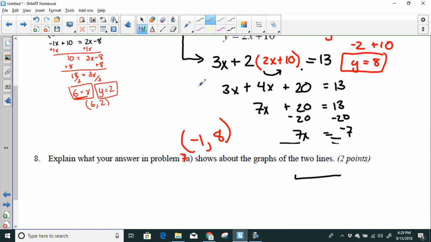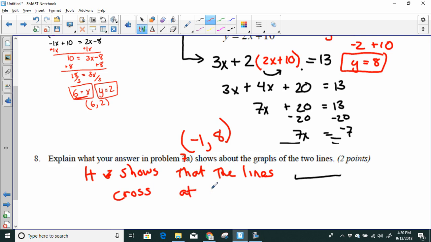And all I was looking for was to say, it shows where the two lines cross. It shows that the lines cross at (6, 2). That's what solving the system of equations means. It means finding out where two lines cross.